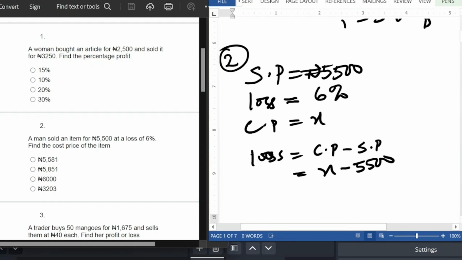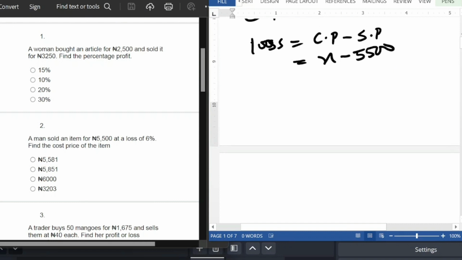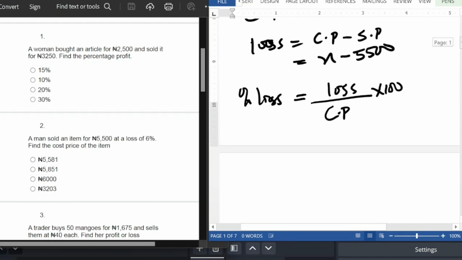So the loss percentage, which has been given as 6%, would be loss divided by the cost price multiplied by 100.